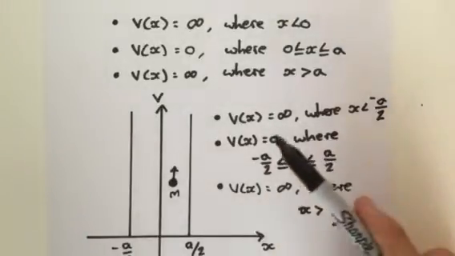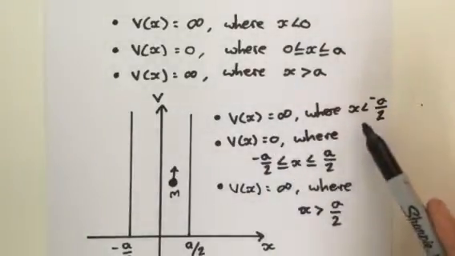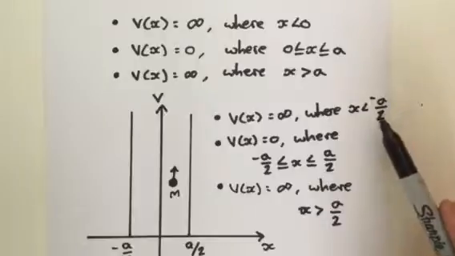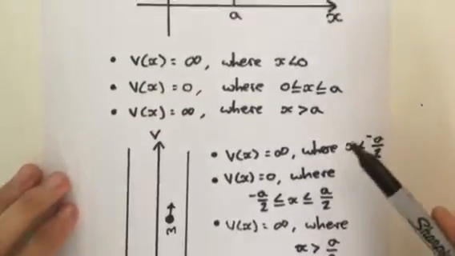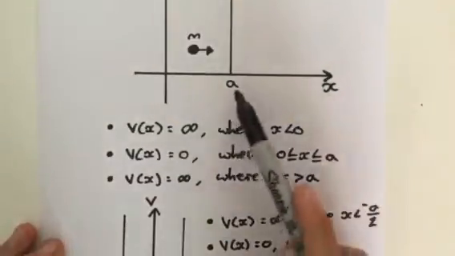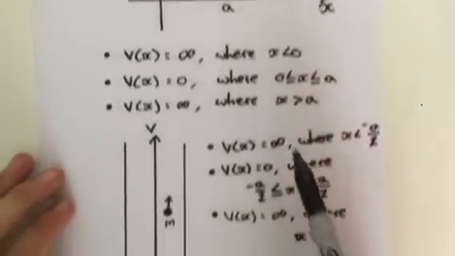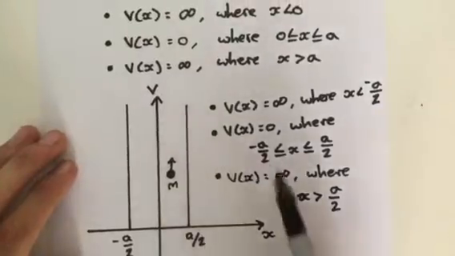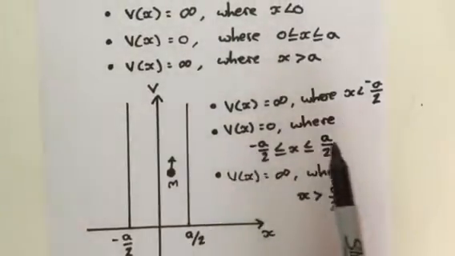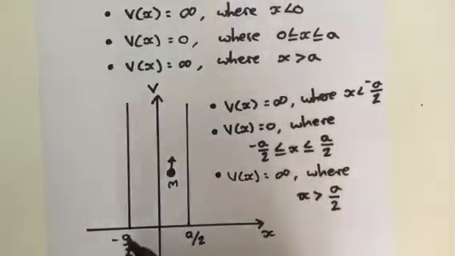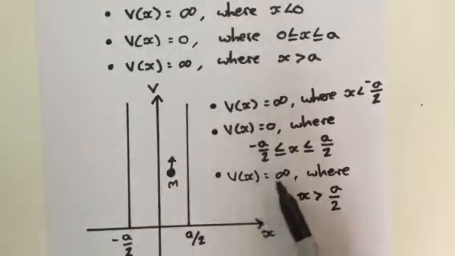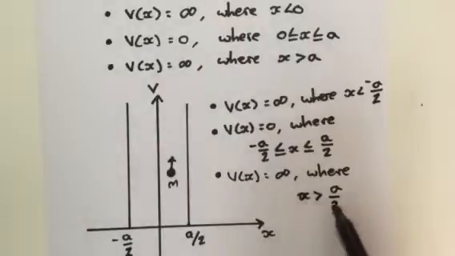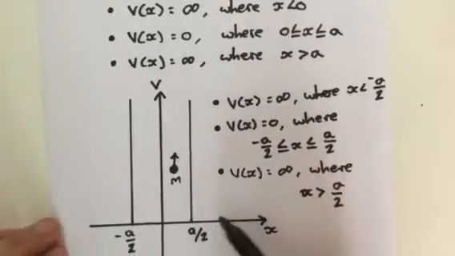Our potential goes to infinity where x is less than minus a half a. A was this point here. If we halve it, we get this because we're symmetric around the origin. Our potential is 0 where x is between negative a half a and positive a half a, and our potential goes to infinity where x is greater than a half a.